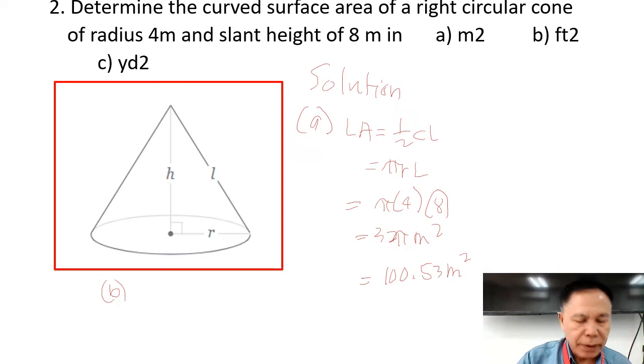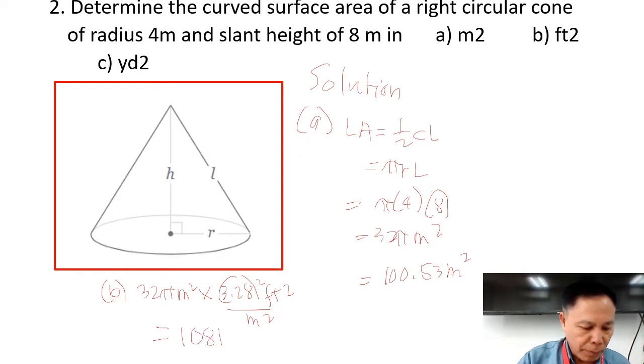You have 32 pi meters squared times 3.28 feet squared over meter squared, or simply equivalent to 1081.55 feet squared.